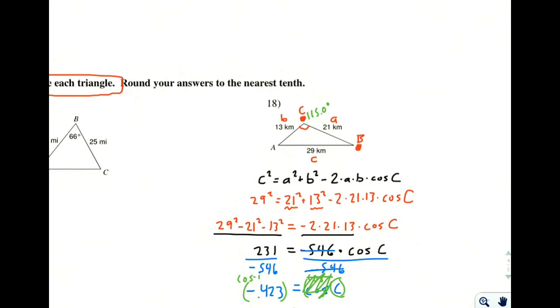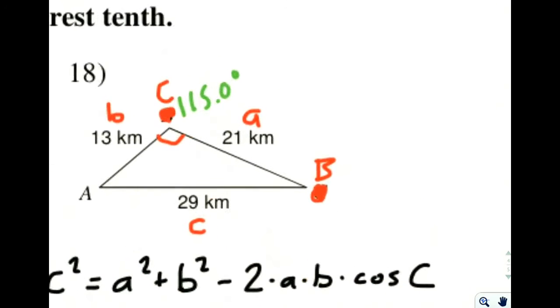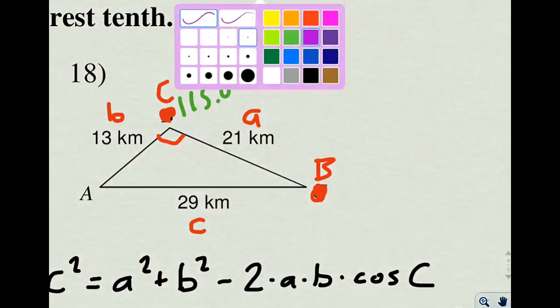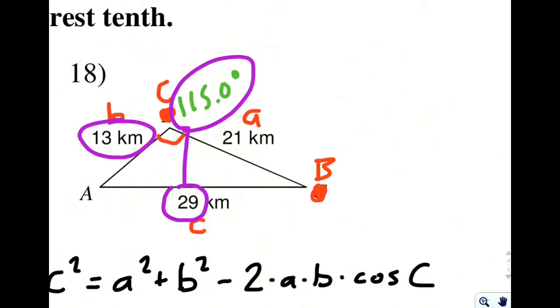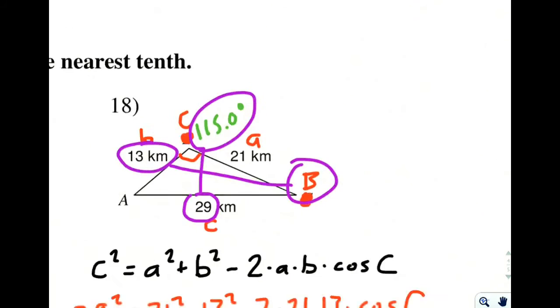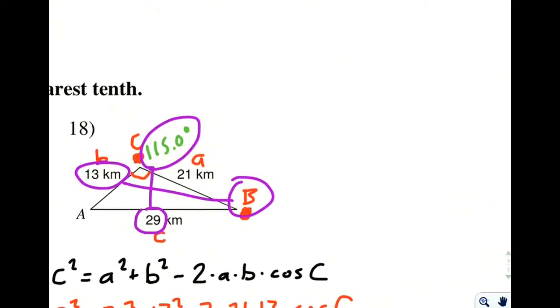Now, again, we have a lot of work ahead of us because we have to solve for another angle before we can get to just adding them up to 180. So let's take a pair here. Say this and this pair can go against this and this pair right here. My unknown is an angle, so I'm going to put the angles on top.